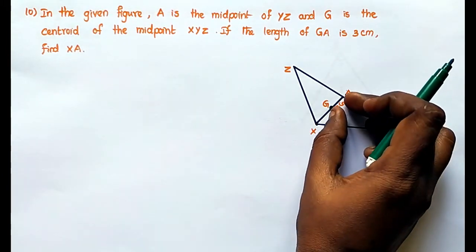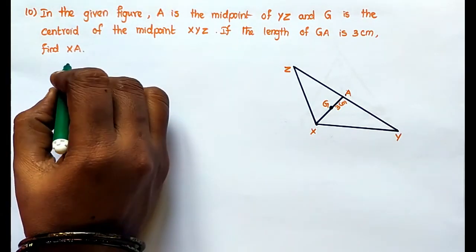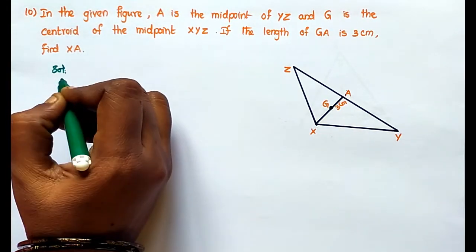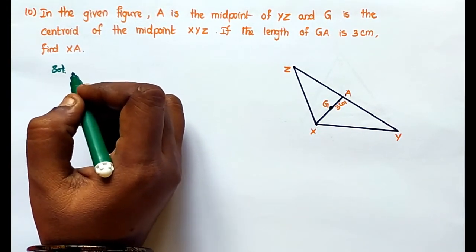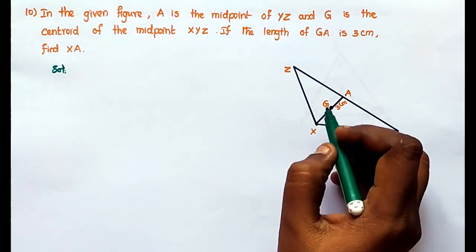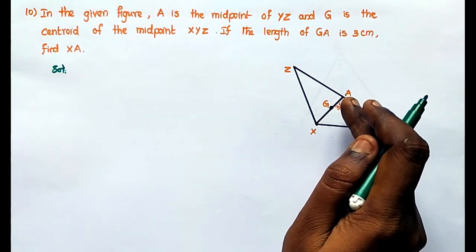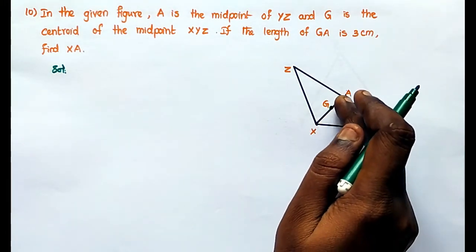They given the GA and find XA. So listen. The centroid of a triangle divides each median in the ratio 2:1.